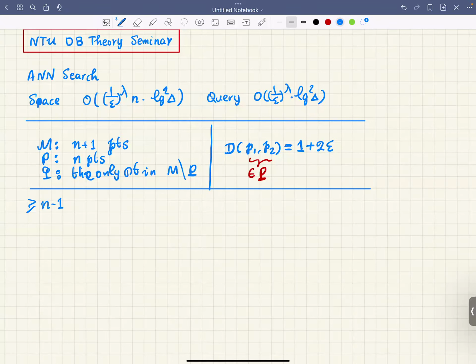Definitely n-1. If this is the case, your query time cannot be better than n-1. If you claim that your query time has a guarantee of, say, root n, there is a contradiction, and therefore sequential scan is basically the best. Maybe you can beat sequential scan by 1 distance, maybe that's possible, but that will be it.